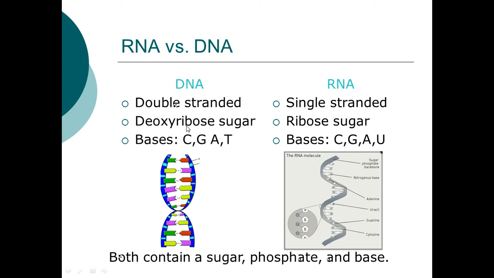DNA is formed with a deoxyribose sugar, but RNA is formed with a ribose. And the bases for DNA are C and G, A and T, cytosine, guanine, adenine, and thymine. But the bases for RNA are C, G, A, and U, uracil, instead of thymine.